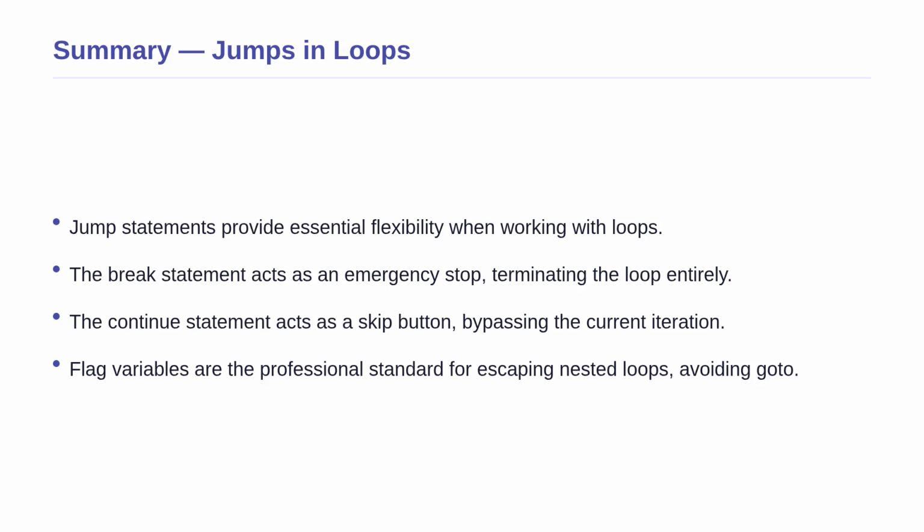We also saw that the continue statement acts as a skip button, bypassing the rest of the current iteration and moving safely to the next one. Finally, we discovered that while the goto statement exists, using a flag variable is the modern, professional standard for escaping complex nested loops without creating messy, unreadable code. You now have complete control over your program's flow.